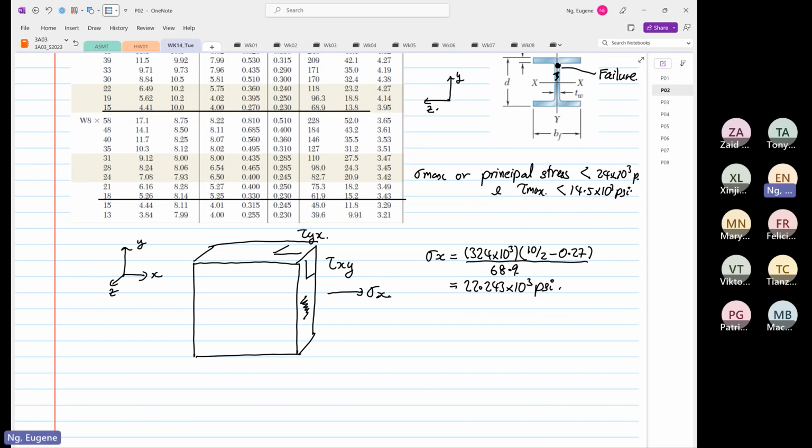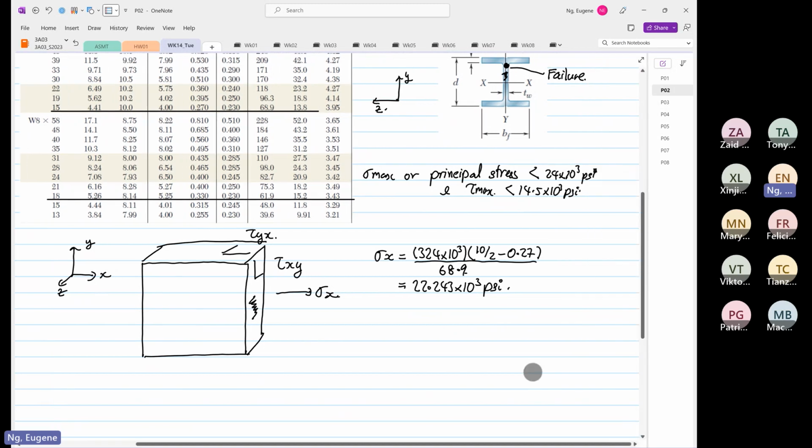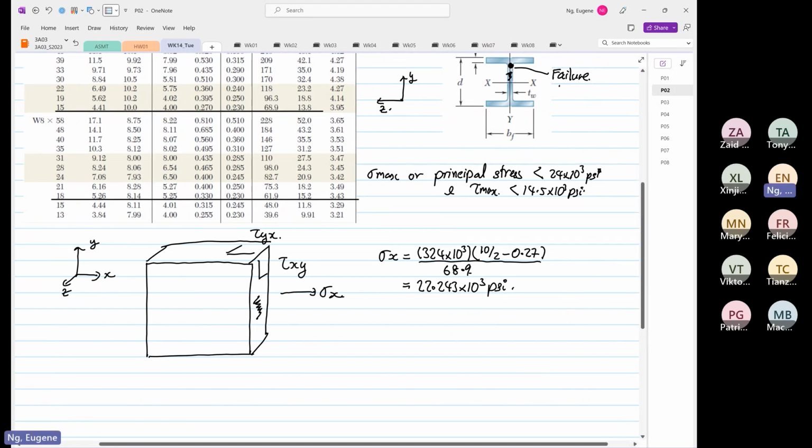Now, if you see the working from the answers, it's not the same because we are calculating based on where failure is at this point.